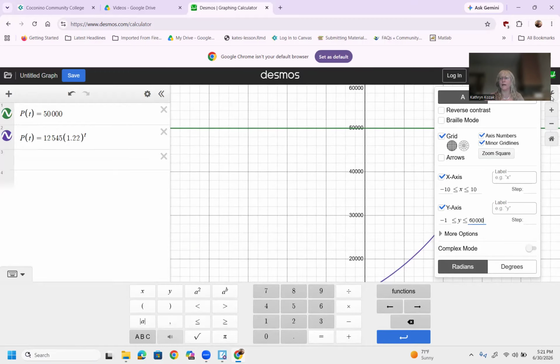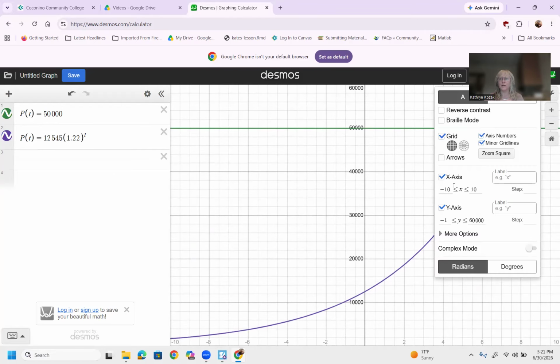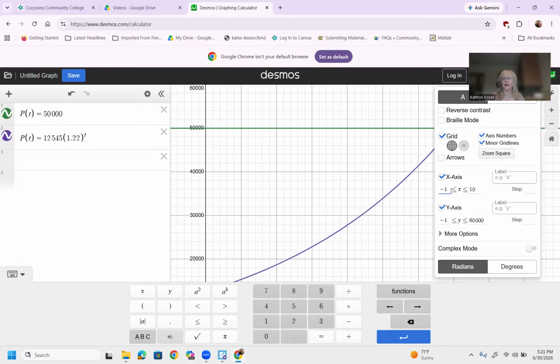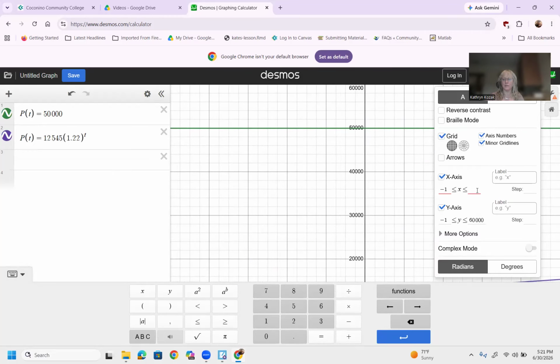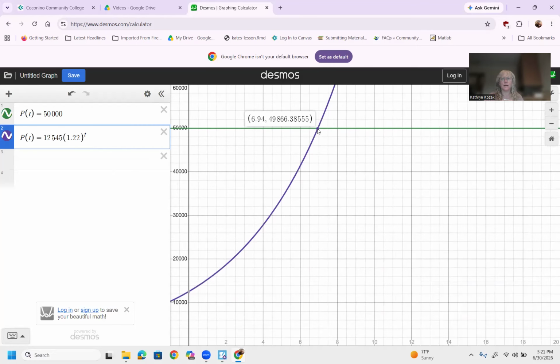And now I can see where they cross. If you don't see where they cross, by the way, then you have to change your y-axis. I like to have that negative on there and maybe change this to 20 instead of 10, just so you can see it better, but you can see it already. And now you can see where they cross.